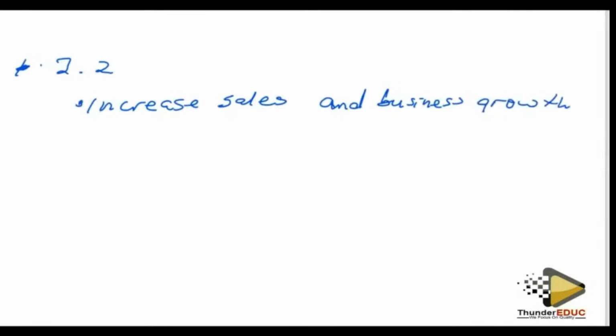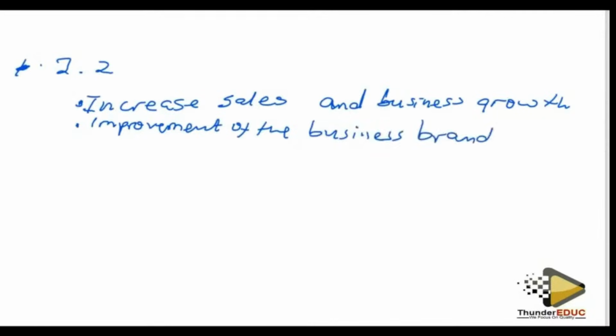They can increase sales by introducing new products or by modifying the products that they are already having. So if you check your marks, we have 6 marks. Also, the business should improve its brand as well as image. Improvement of the business brand and image.